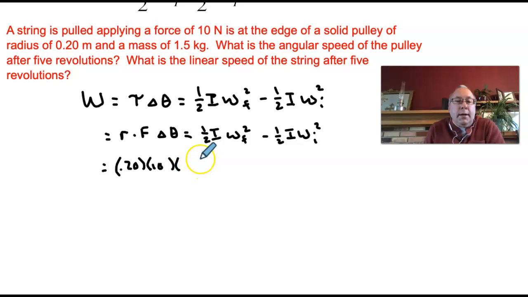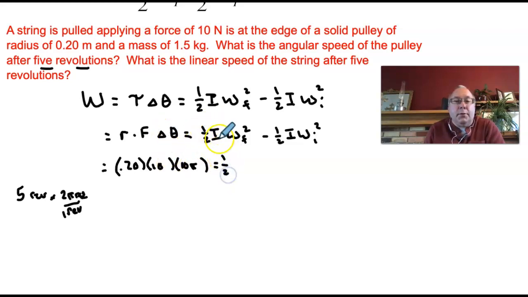Now we have to convert our 5 revolutions to radians. There are 2 pi radians for every 1 revolution, so we're going to have 10 pi as the total number of radians the object moves through.